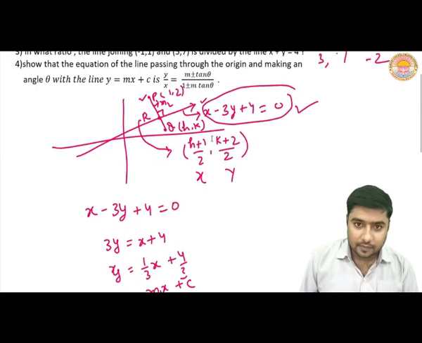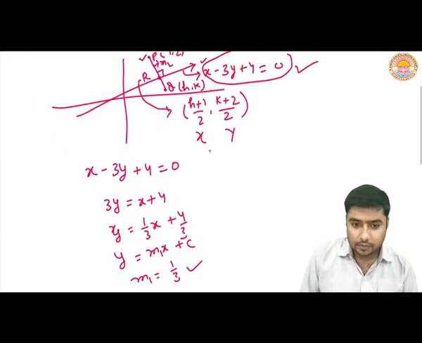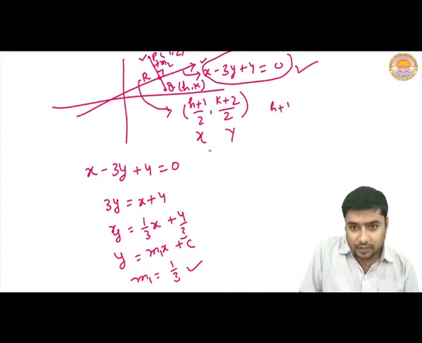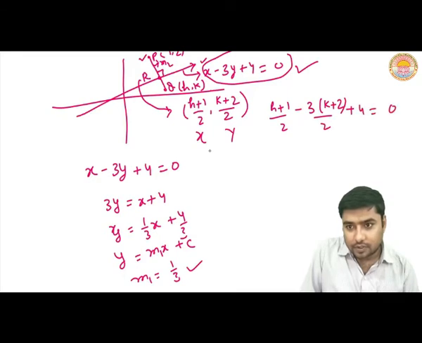We get the value of (h plus 1) by 2 minus 3 times (k plus 2) divided by 2 plus 4 equals to 0. Now it implies that h plus 1 minus 3k plus 2 plus 8 equals to 0.